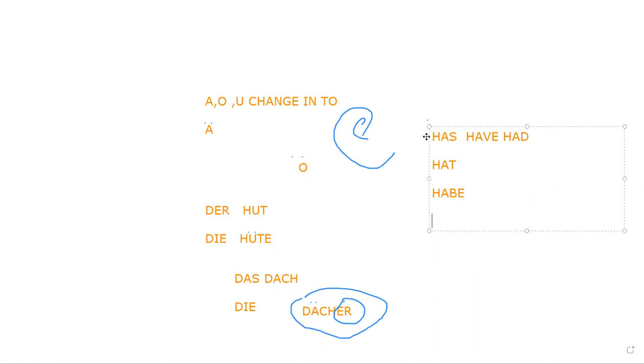We have done haben. Clear? Had, what do we say for had, team? Hatte and hatten. This is my had. Is it clear to you, team? Yes, clear, sir.